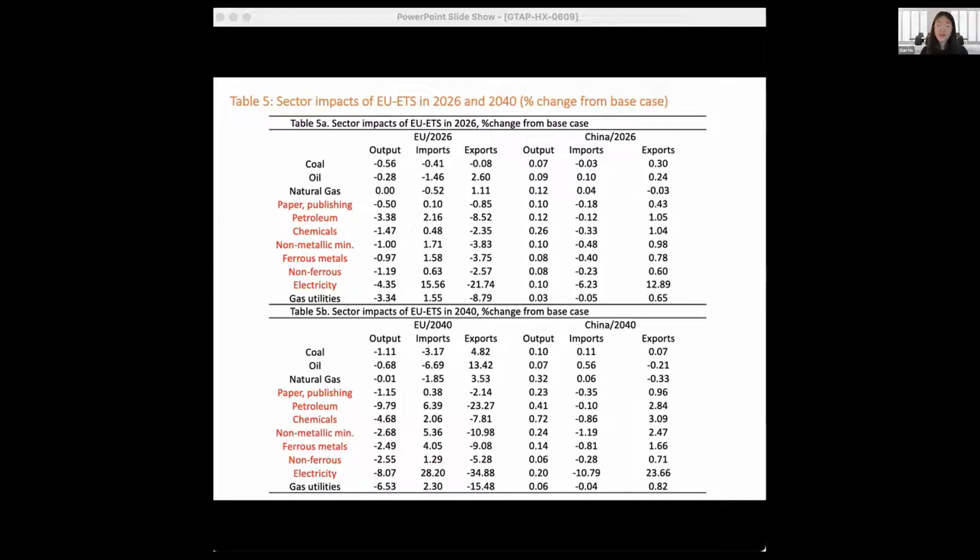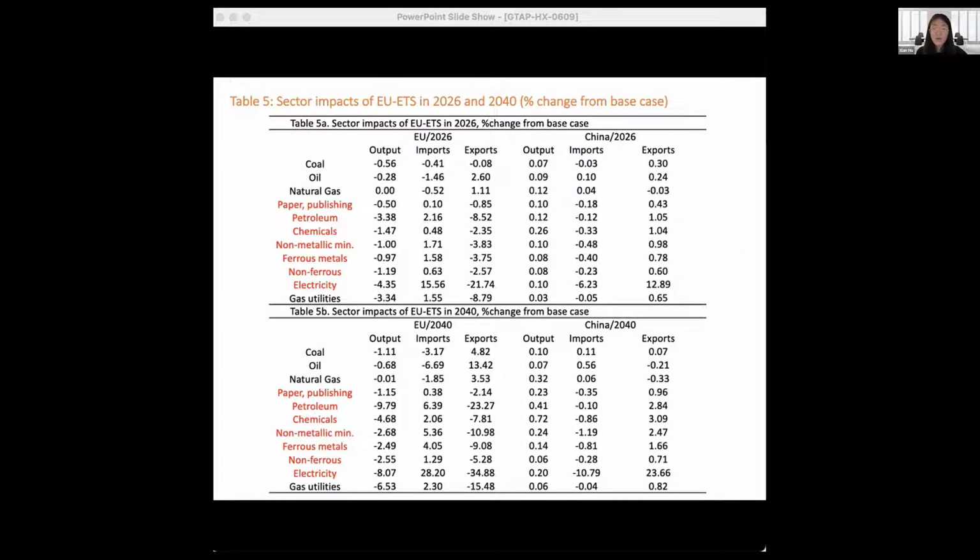There is an increase in imports in the EU of ETS goods, like chemicals and ferrous metals, and a fall in their exports due to the loss of competitiveness. This change will also lead to the fall of GDP.